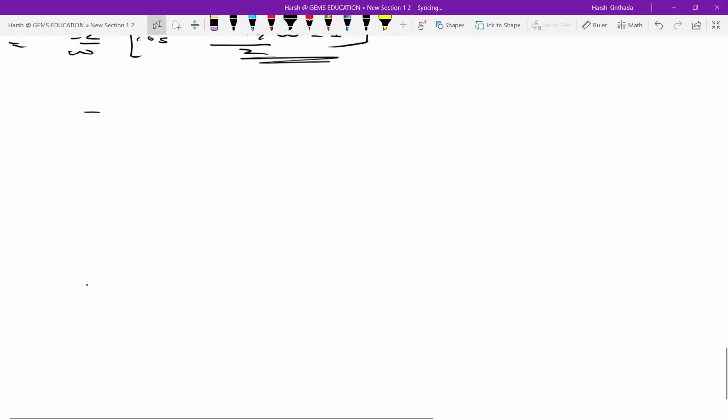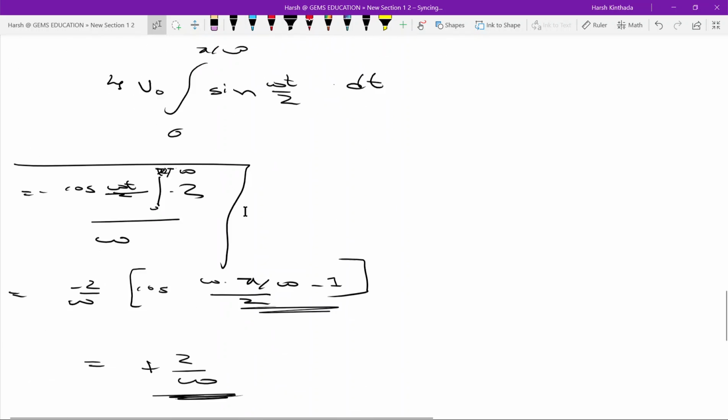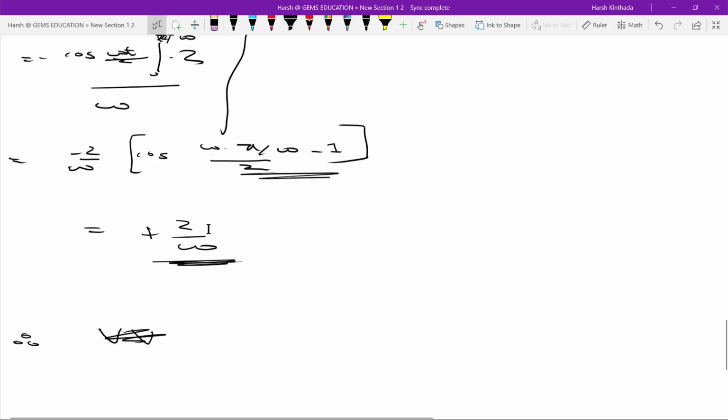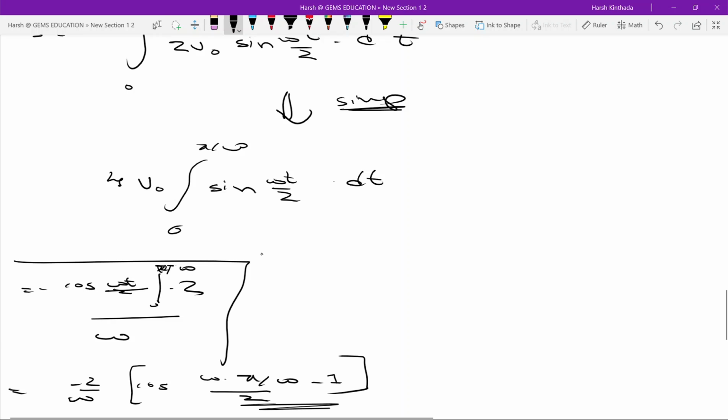Upon simplifying this we get 4 by omega, and therefore we can substitute this back into the top. We can substitute this one in here.